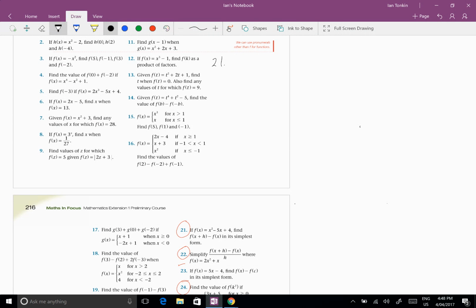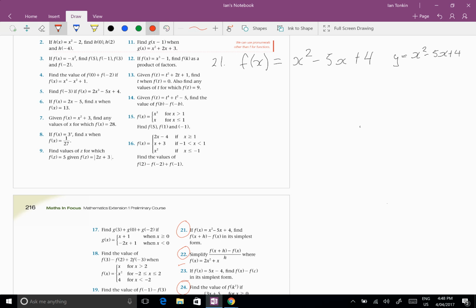I'm told that f of x equals x squared minus 5x plus 4. And remember, this is the same as writing y equals x squared minus 5x plus 4. I'm just using a notation.